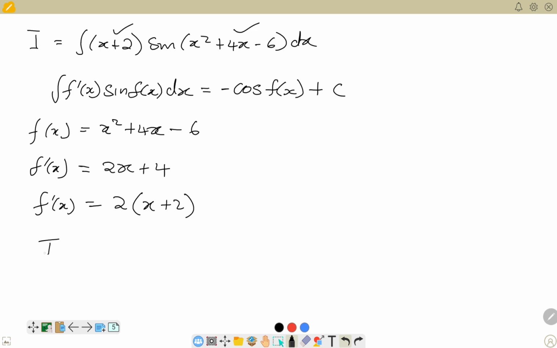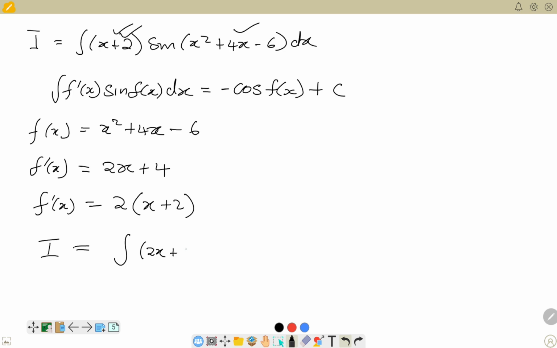Okay, I can make this one here to be the correct derivative of f(x) by multiplying it by 2. So if I multiply x by 2, I'll get 2x.